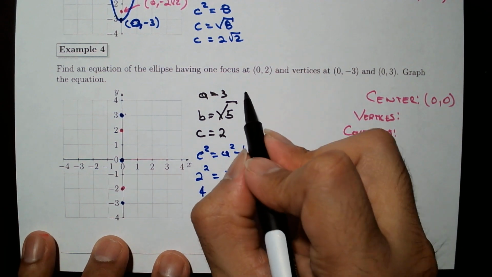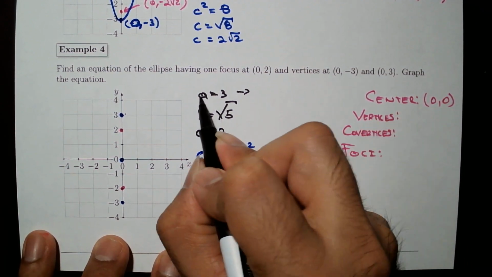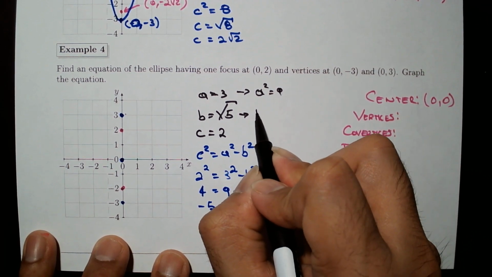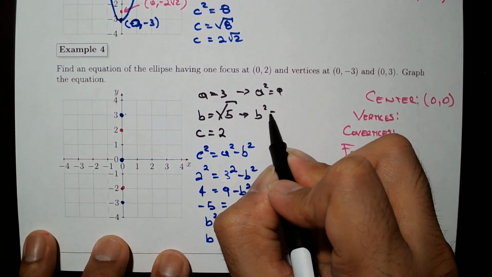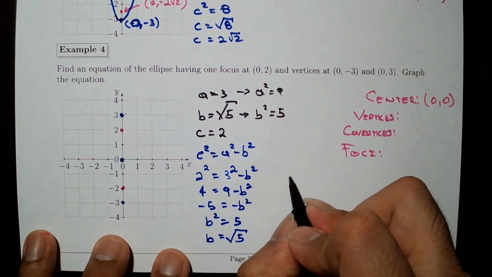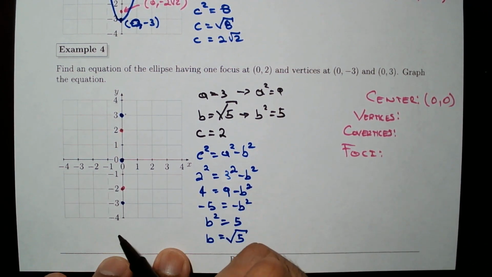Ultimately we need to square a, that's 9, and we need to square b, because we're going to need them for the equation. In this case, notice it's a vertical ellipse.